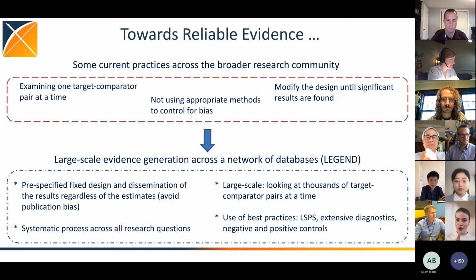We use a systematic process across all research questions to make sure that we really get these calibrated true estimates. We do it at a large scale, which means that we're examining thousands of treatments and running the analysis on multiple data sources. And of course, we use the best practices, which is large-scale propensity score modeling, really extensive diagnostics, use of negative and positive controls, and much more.